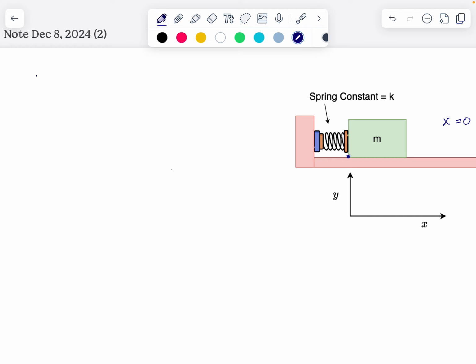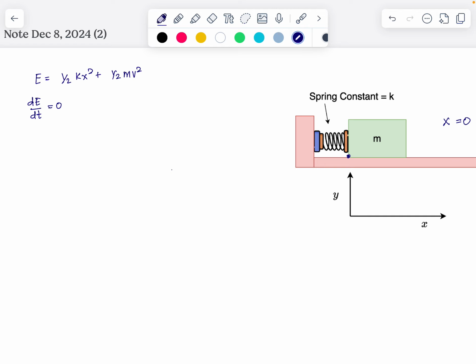So if we write E equals half kx square, that's the potential energy of the spring, plus half mv square, that's the kinetic energy of the mass, we can see here that dE/dt needs to be 0.